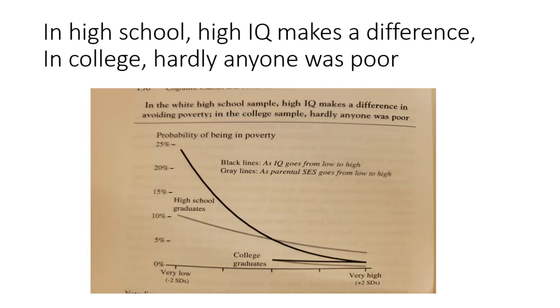And for the high school grads, it kind of looks similar to the previous graph, right? IQ seems to be highly, highly protective of staying out of poverty, right? And lower IQs increases your chances more of being in poverty than lower socioeconomic status.